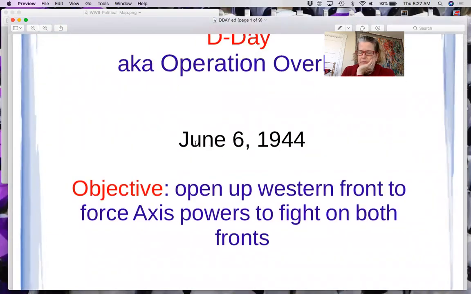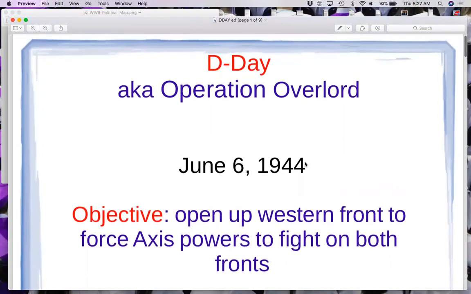Okay. D-Day is also called Operation Overlord. It happened on June 6th, 1944. The whole objective of it was to open up a Western front to force the Axis powers to fight on both fronts. It was an Allied joint venture, but it was really the US's first true foray into World War II.